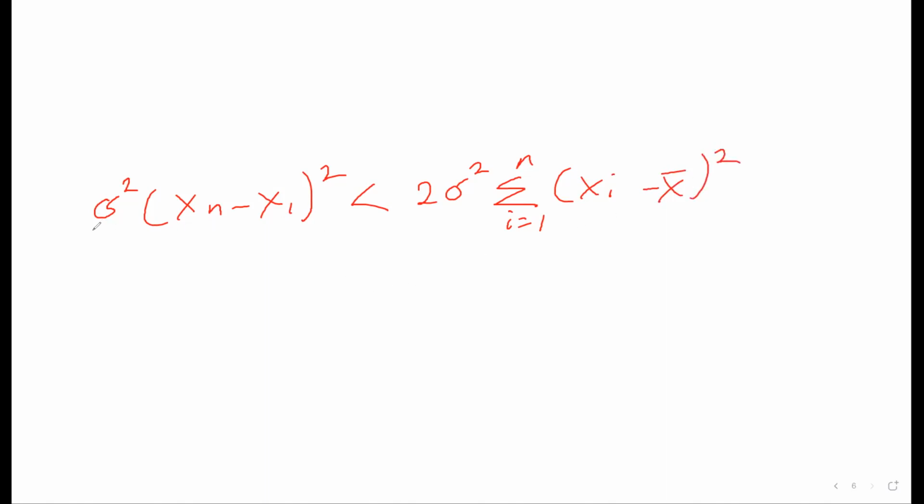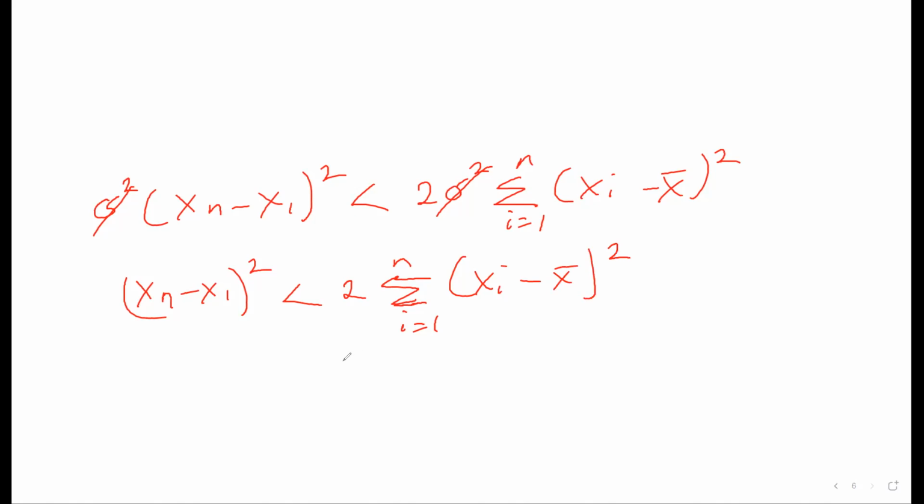Now this sigma cancels out this sigma. We are left with xn minus x1 square less than 2 summation from i equals 1 to n of xi minus x bar all square.